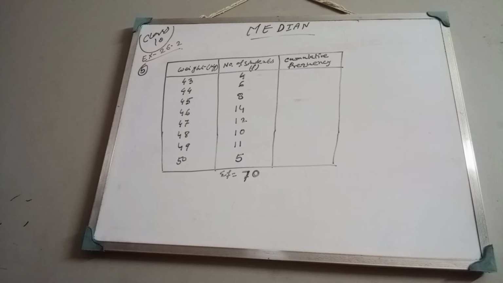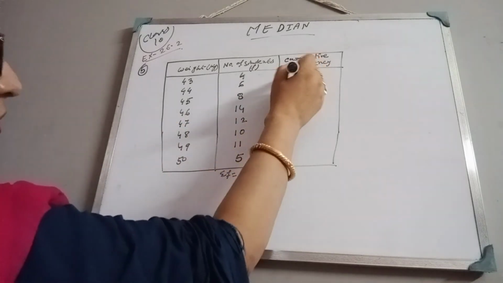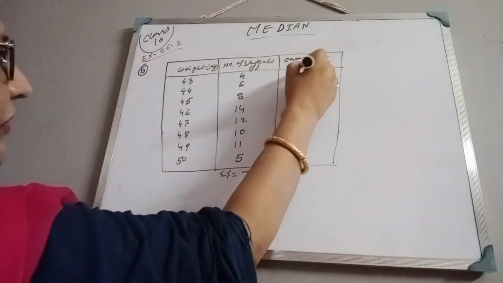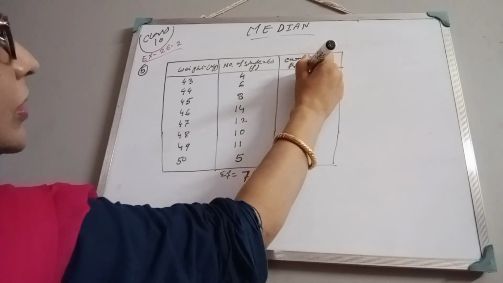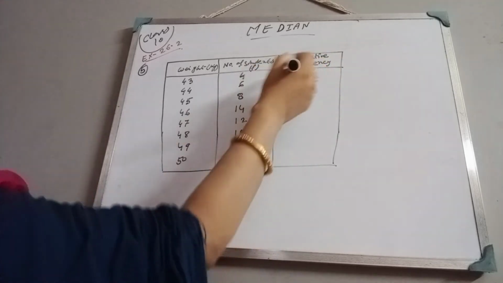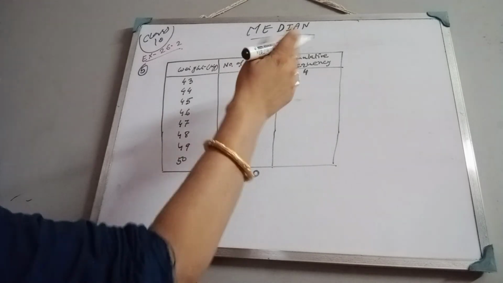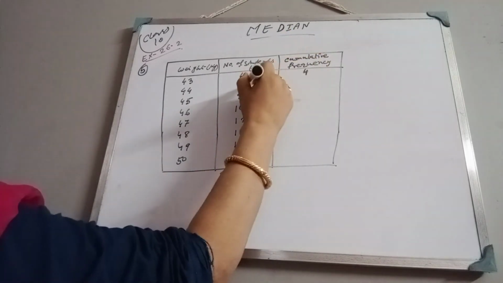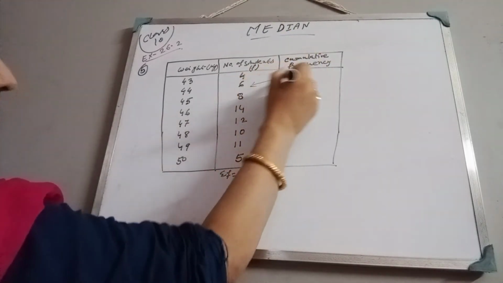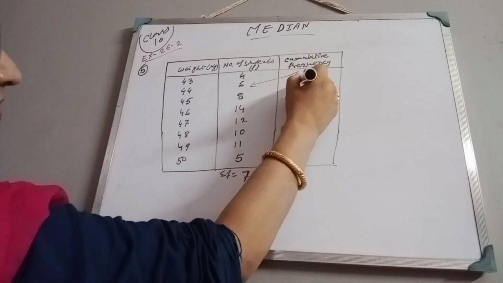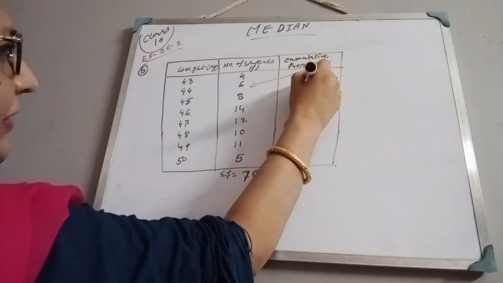Now how to find the cumulative frequency? Cumulative frequency, that means here we will write 4, the same one. And then we will add. Cumulative means when the addition is going on. So 4 plus 6, that gives us 10. So it is coming 10.